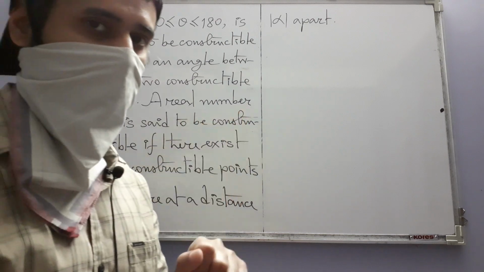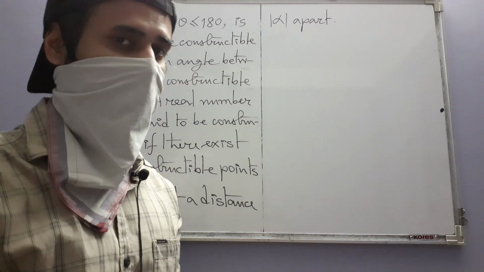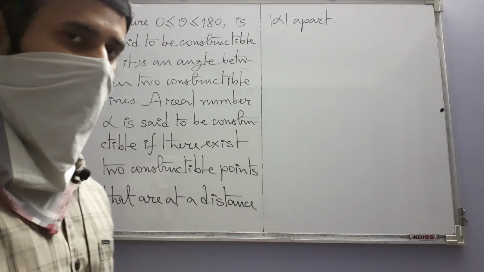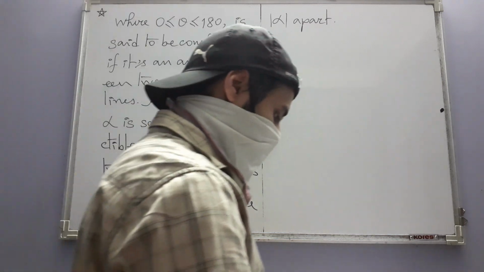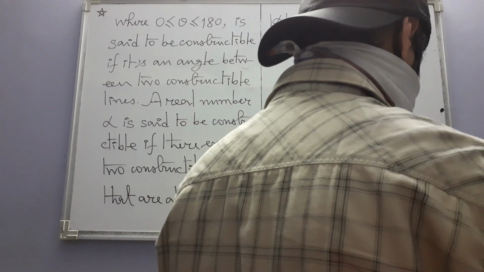This now makes sense because this is a non-negative real number, so it can be a distance. And now our definition is finally over. And now we start the actual solution.